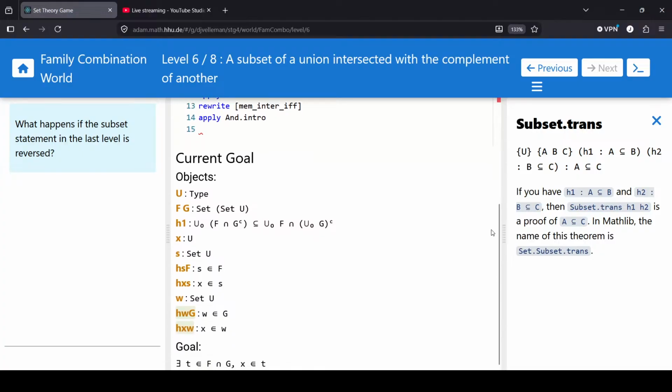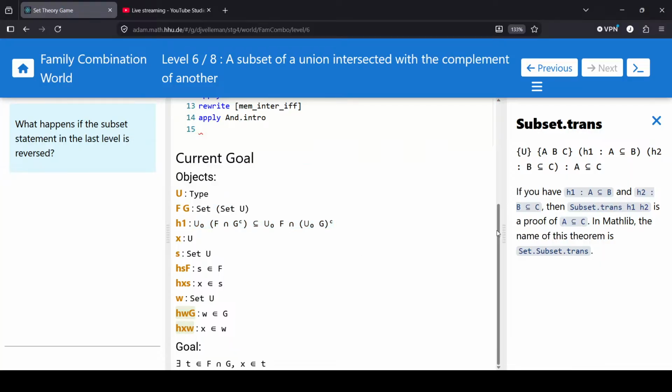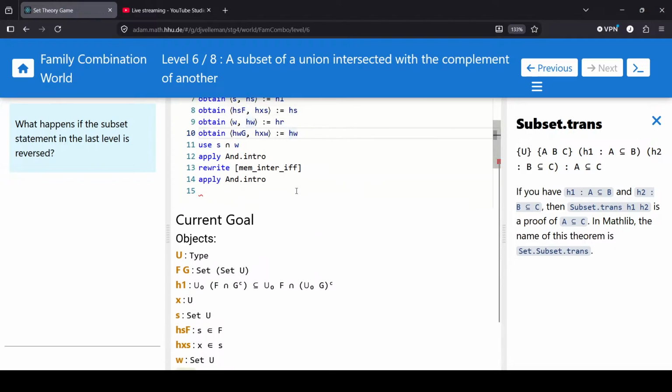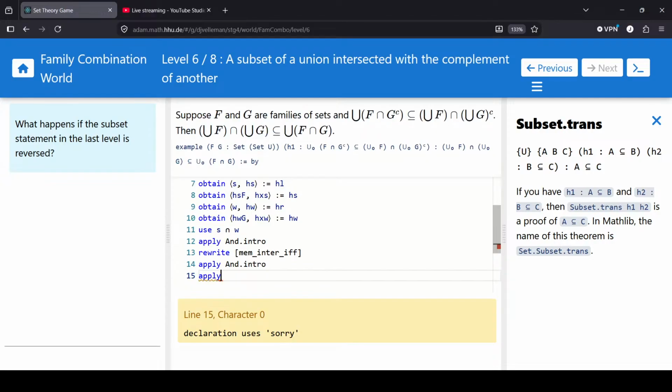I might be able to use an apply at H1. Yeah, maybe. But no, the goal has to work.